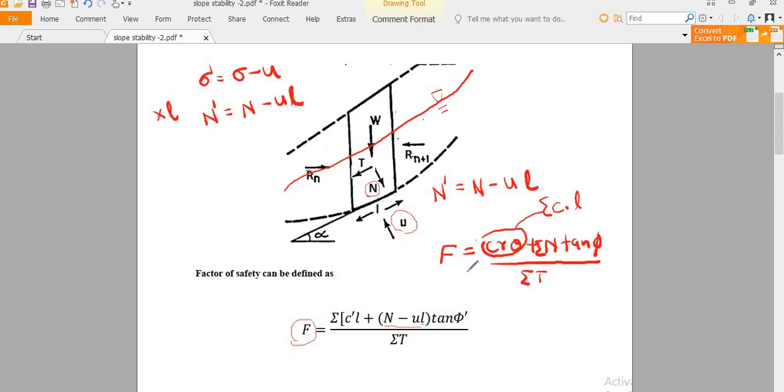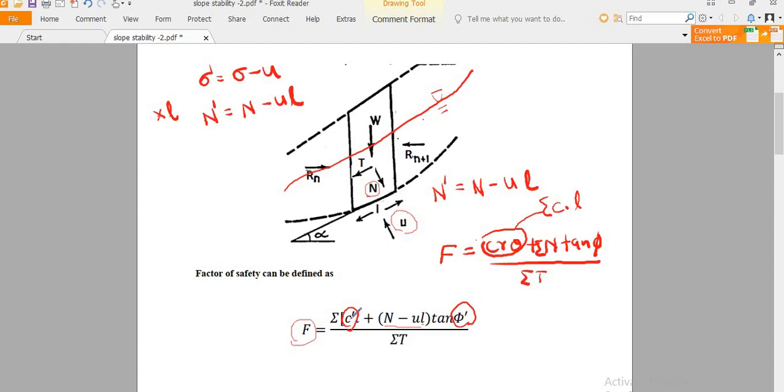Same thing. And the other important thing is that the parameters are not total stress parameters. These are not undrained parameters. These are drained parameters. If you look at the triaxial test we discussed last year, we discussed drained parameters or effective stress parameters.